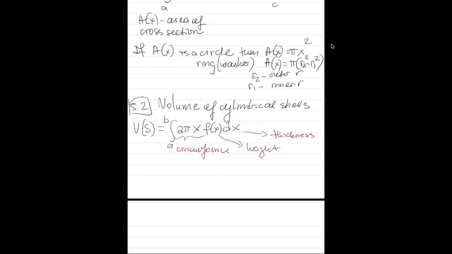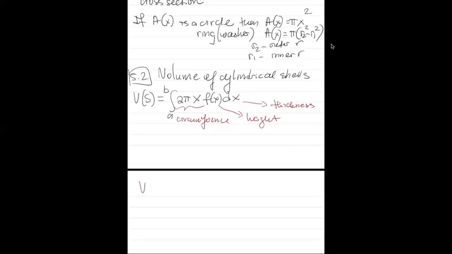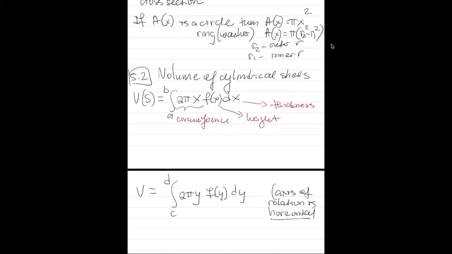So yeah, the formula is volume equals from C to D, now 2 pi y f of y dy if the axis is horizontal. This is the case when the axis of rotation is horizontal. So if it's horizontal, we have dy.